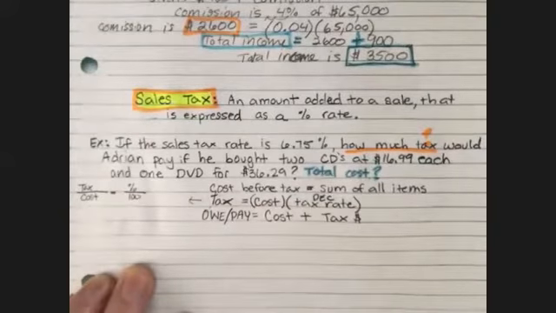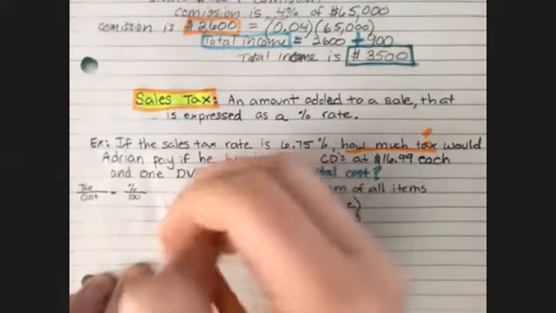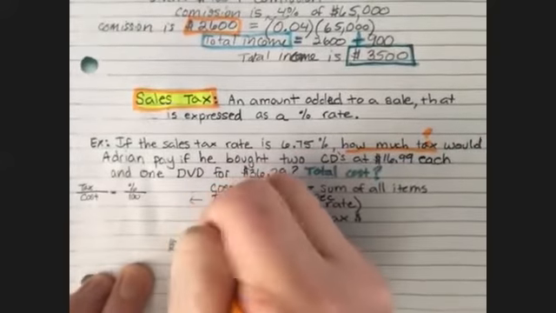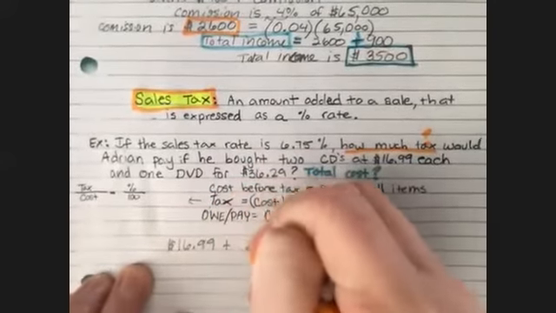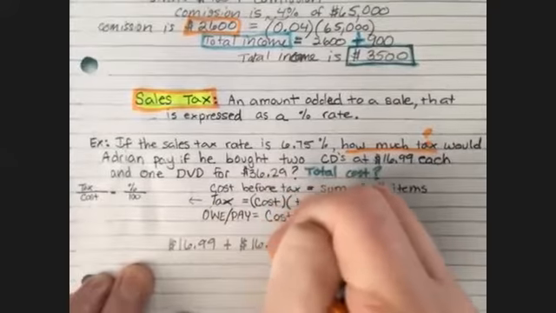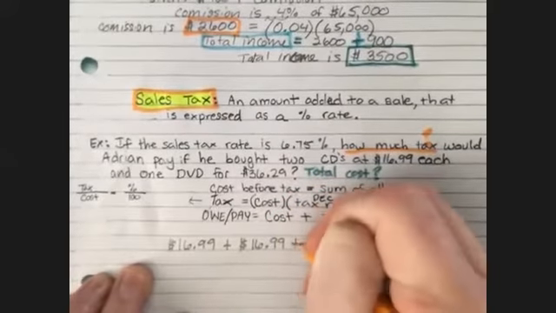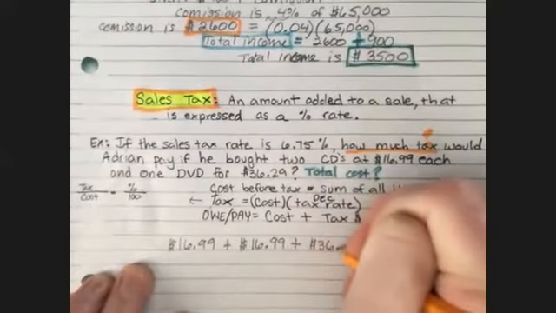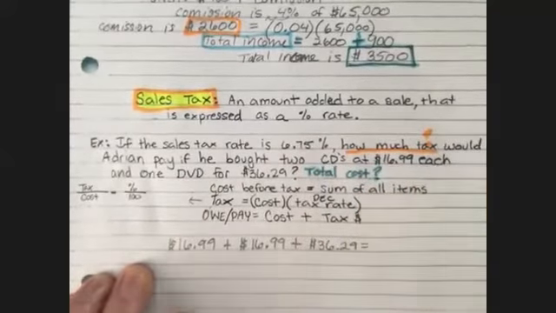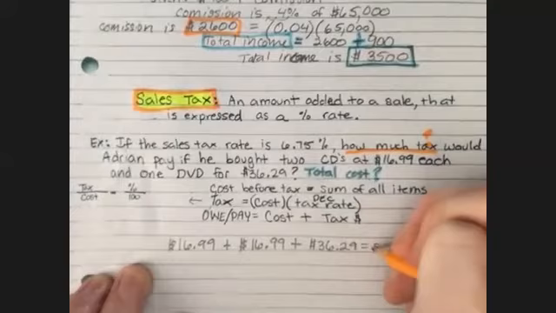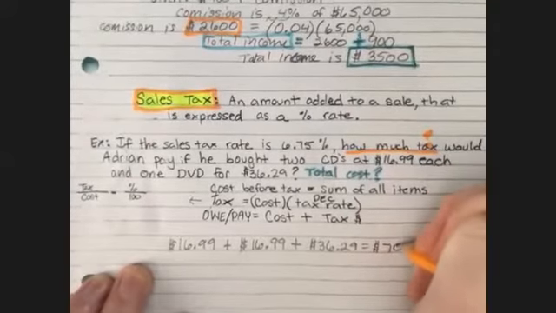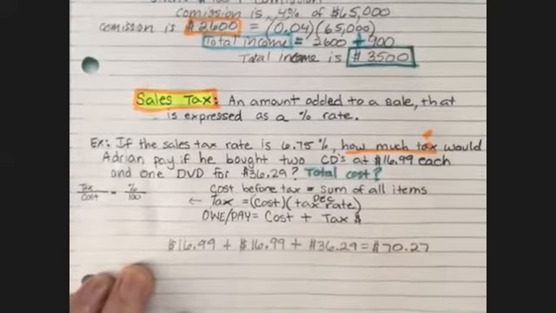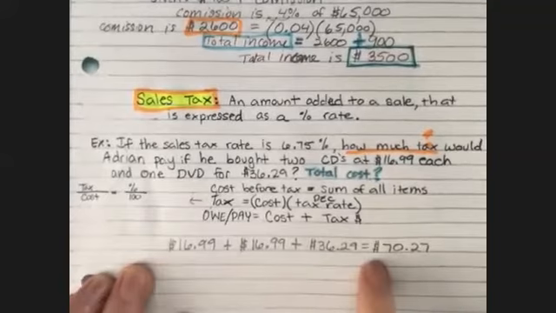So if you have 16.99 plus 16.99, which is 2 times, plus your DVD that costs $36.29, you add up those, and it costs $70.27. Now that is just your cost without the tax.